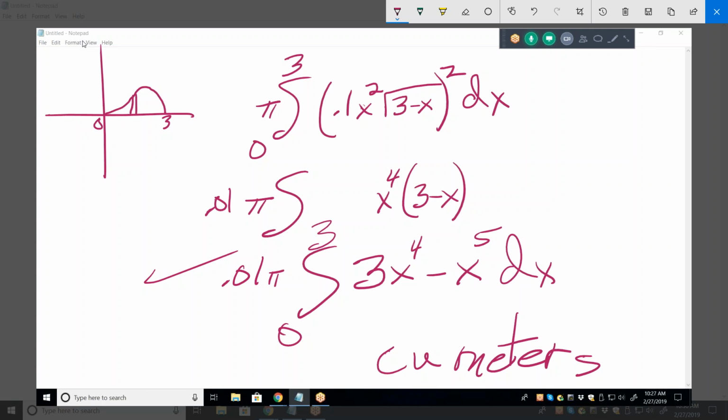Although, do they allow you to use your calculator on these at all? Or you have to do all these manually? I'm guessing these were supposed to just be manual, but if that problem showed up on a test, it would definitely be a calculator problem. It depends on what that polynomial comes out to be after using U substitution. It might be something like square root of 1 minus y squared, in which case it would cancel with the bottom and you'd just be taking the integral of 1 or something like that.